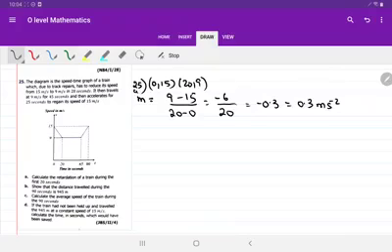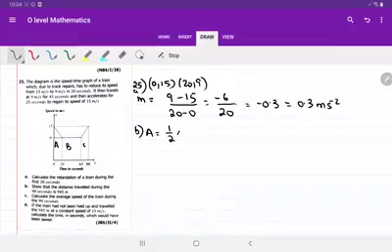The second part of the question is, show that the distance traveled during 90 seconds is 945 meters. So I will mark this A, this B, and this C. A is a trapezium, half into sum of parallel sides into height.